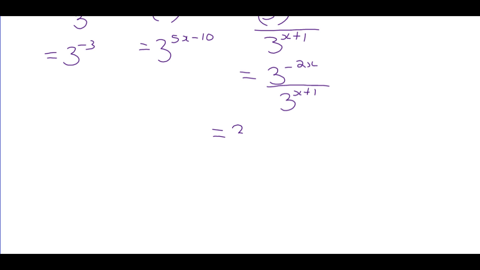We have a quotient. When you have a quotient, you subtract. When you're subtracting a binomial, you make sure that this is in brackets. Okay, so you'll go minus x minus 1. So removing the brackets, we get minus 2x minus x minus 1.